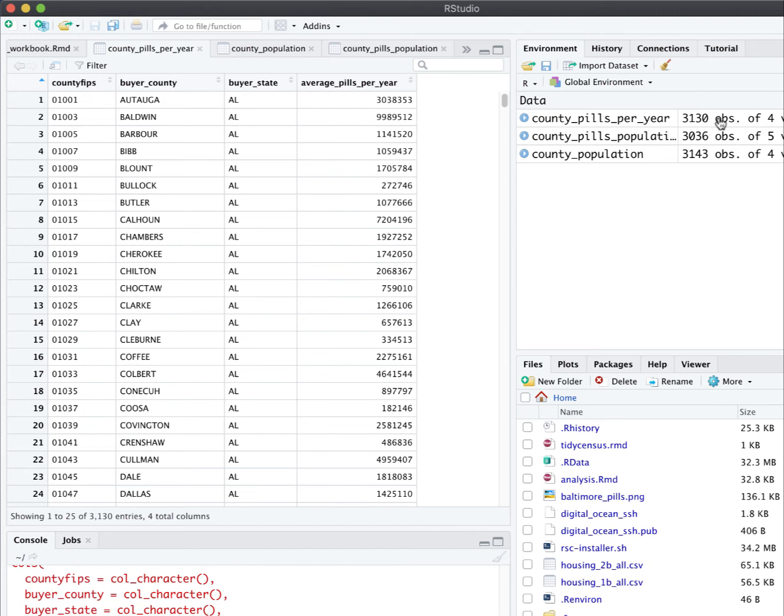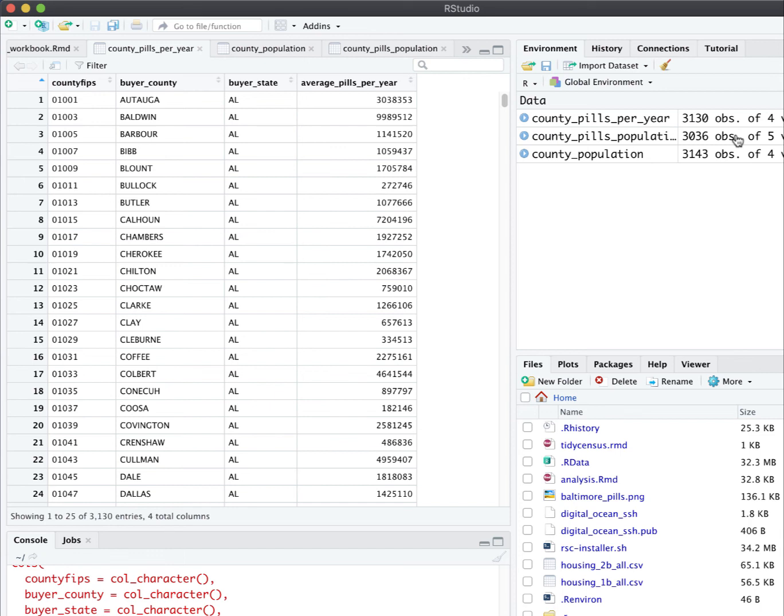So we can see that each row is a county, basically. And there's different numbers of counties in each table. The joined table has fewer rows even than either of these. So it has 3,036. Why?